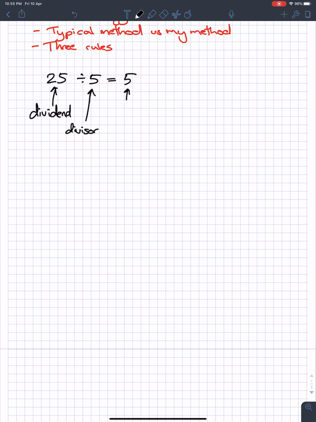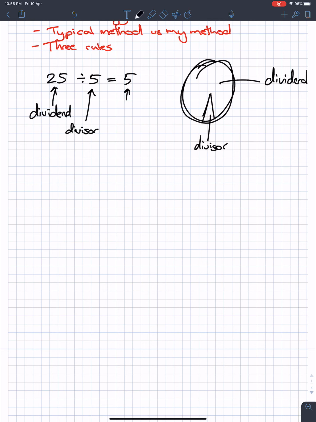If you think about a pie, the divisor is a slice, and the total size of the pie is the dividend. So how many times does the divisor fit into the dividend?